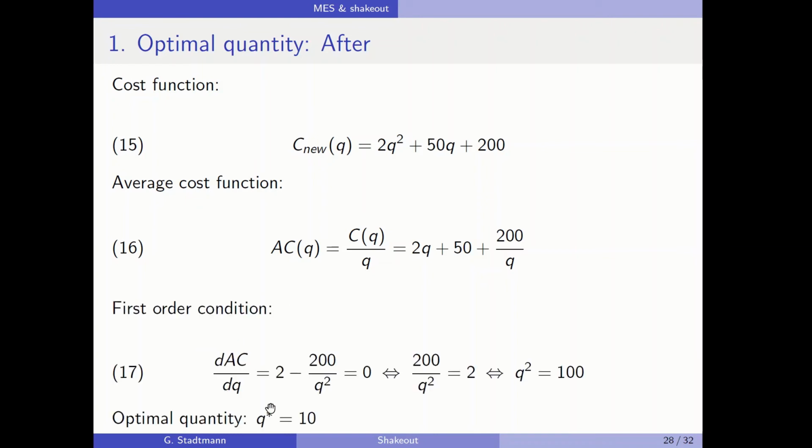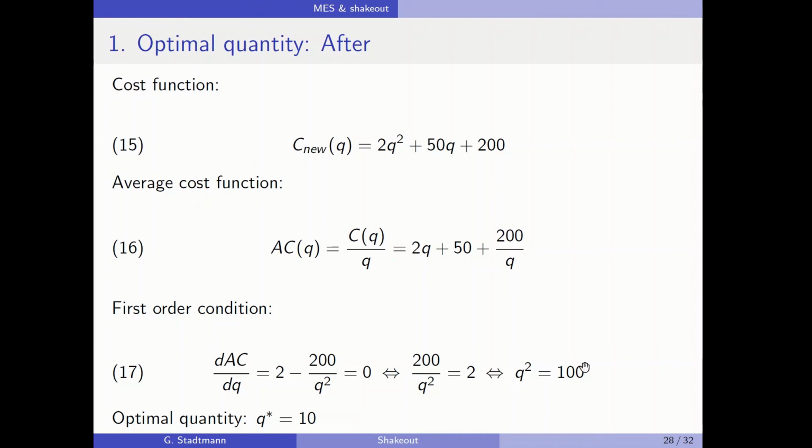When we do that, we get this first derivative of the average cost function. We set this equal to 0. Then we can put the minus 200 over q squared on the other hand side of the equation. When we put 2 on the left hand side, the q squared on the right hand side, we get the information that q squared is equal to 100.